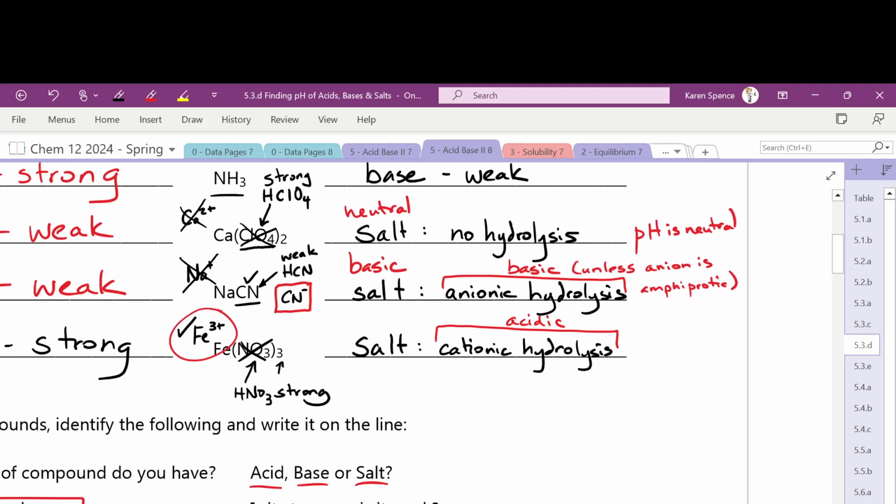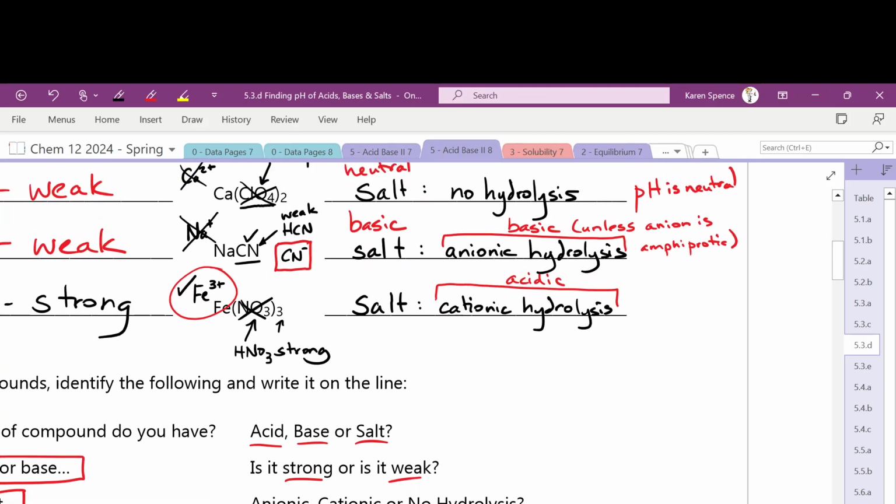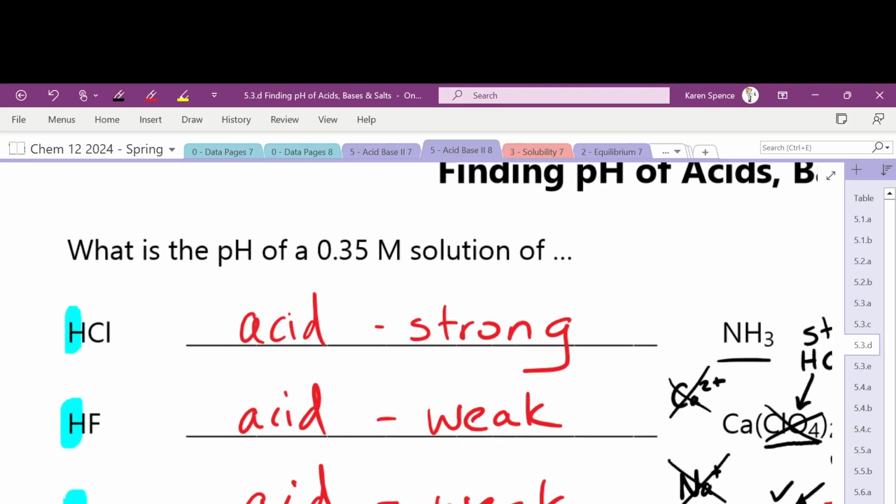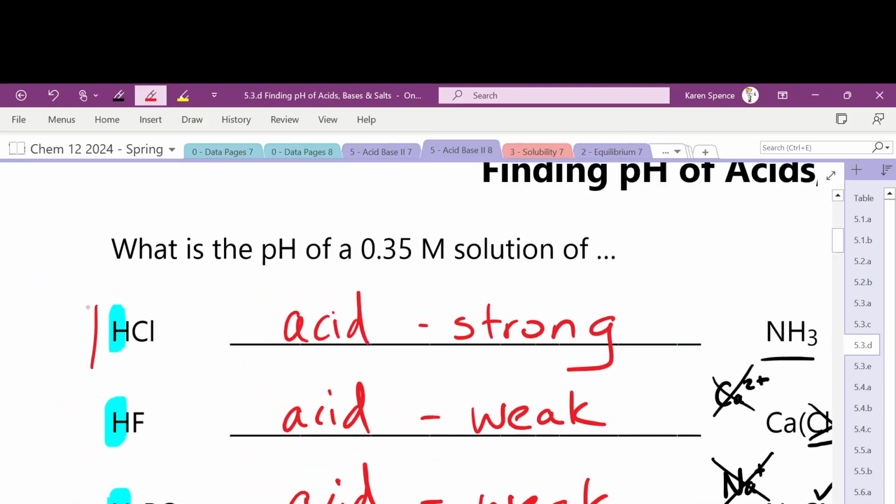So now we're going to take a look and say, what tools are we going to use? What tool will we use if we have a strong acid to find the concentration of hydrogen? What do strong acids do? They dissociate completely.